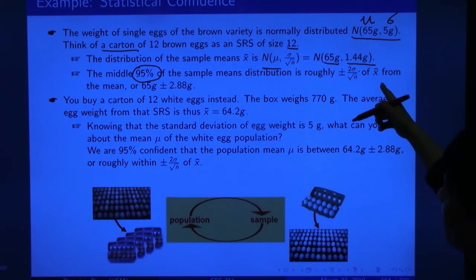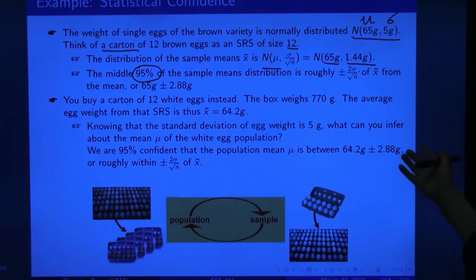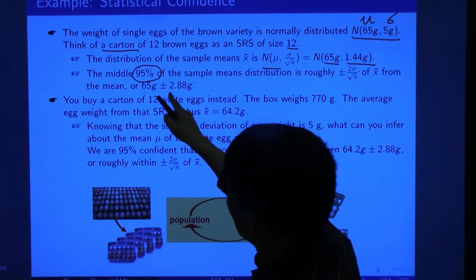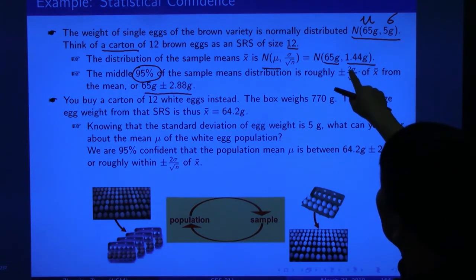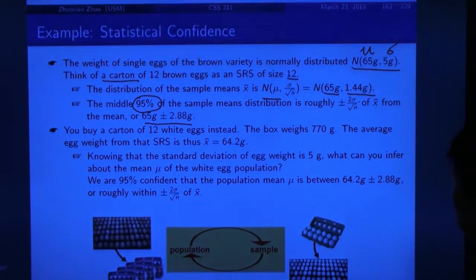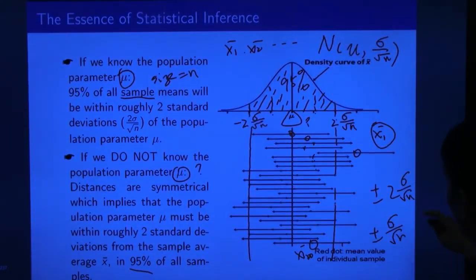X bar is the mean of that sample. That means 65 plus or minus 1.44 times 2, so equals 2.88. And again, this is the explanation of the first point.